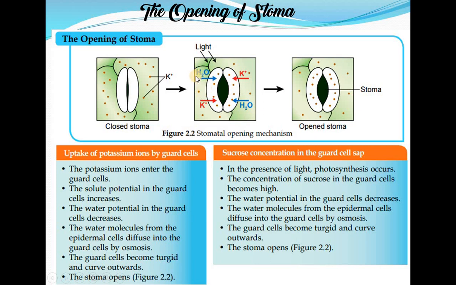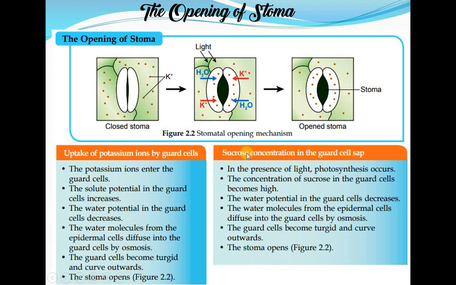Water will diffuse into the guard cell by osmosis, and then the guard cell becomes turgid and curves outward. This is what we mean by curve outwards. Curving outwards allows the stoma to open. So that was the first factor, the uptake of potassium ion by guard cell.